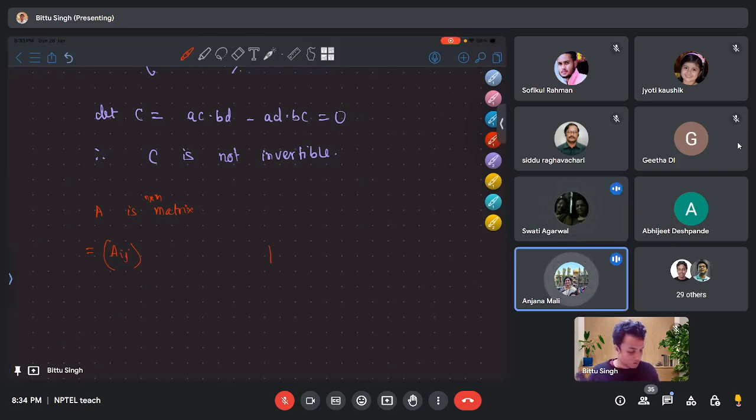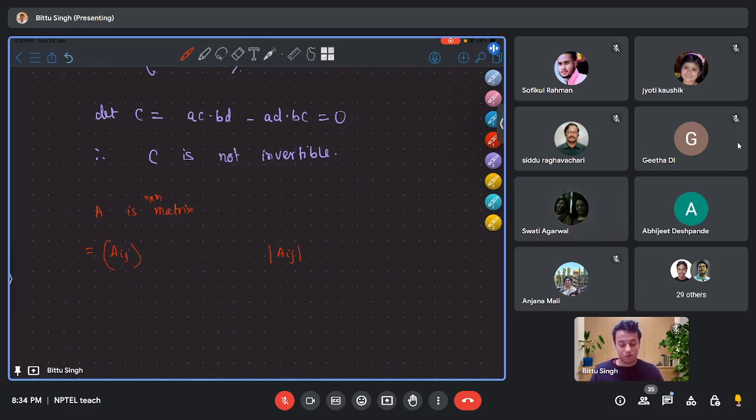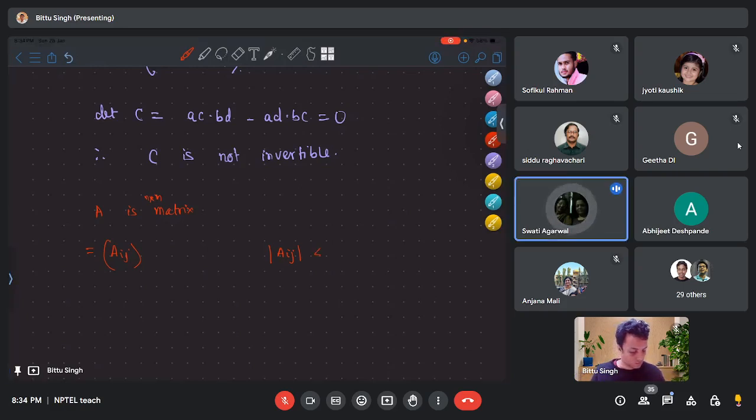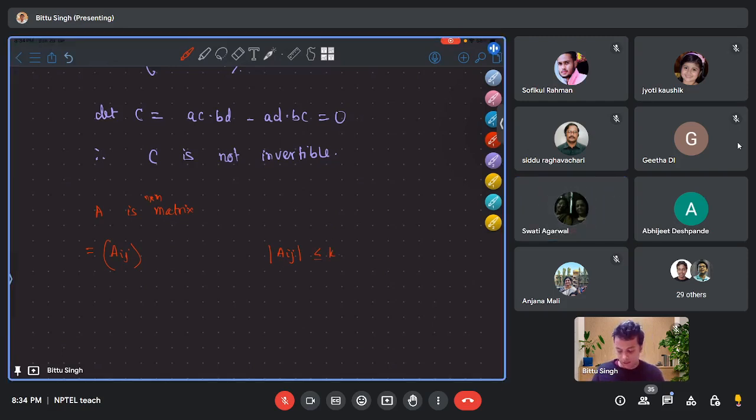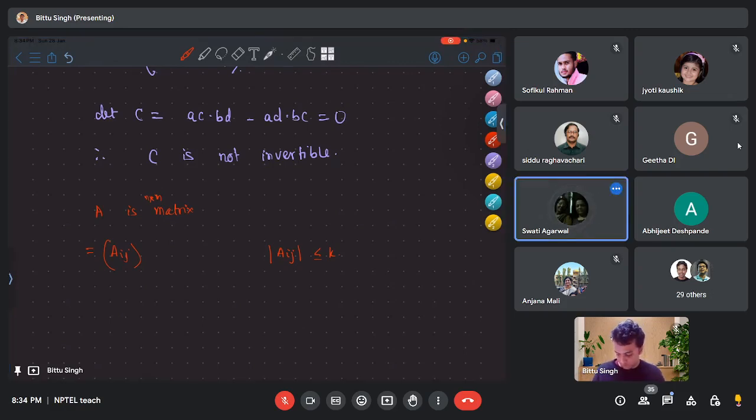So it means each entry must be less than K. Does it mean that the modulus of each coefficient in the matrix is smaller than or equal to K? Yes, the vertical lines are modulus. Okay.